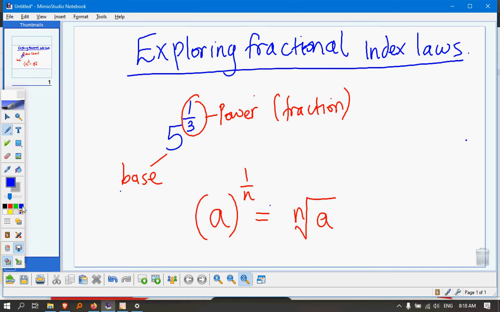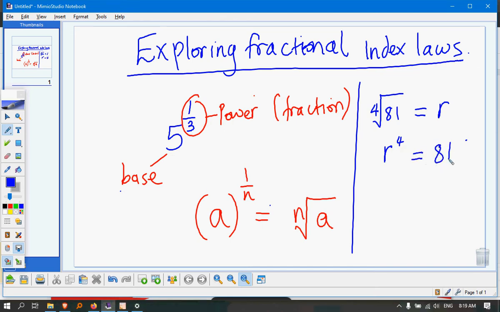If I'm required to find the fourth root of 81, I will let it be equal to a number r. This means that r to the power 4 equals 81. In order to determine r, I write 81 in the form of a number to the power 4. I do this by prime factorization. After prime factorizing, I have 3 to the power 4.